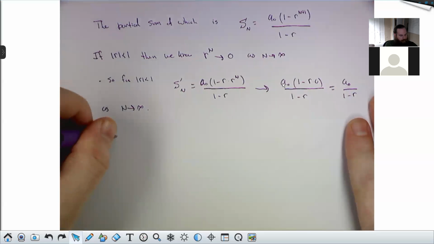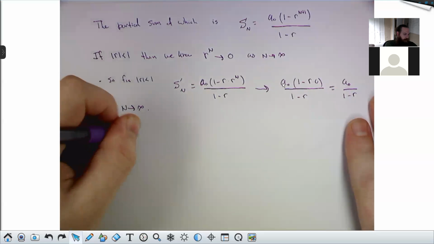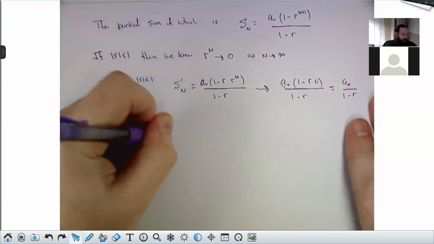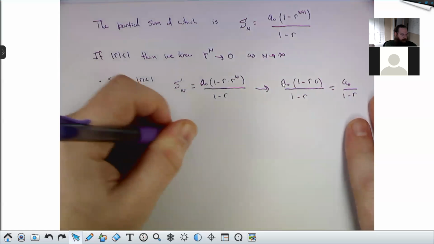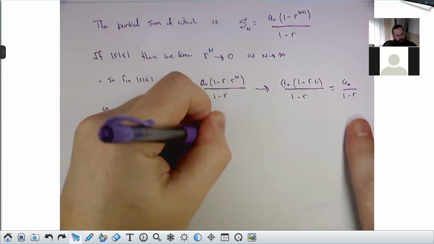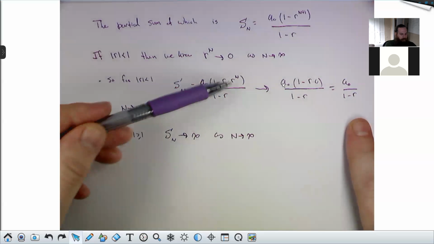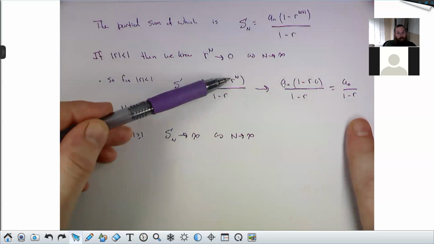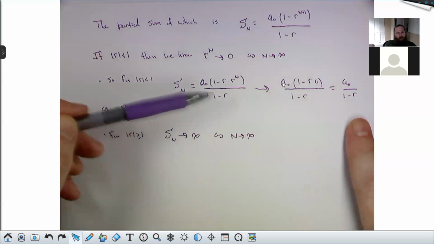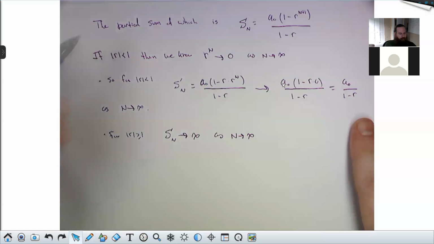Now, for absolute value of r greater than or equal to 1, Sn just goes to infinity as n goes to infinity, because this piece will just get big. So you get like 1 minus something huge over something normal. That's going to be something huge. The final result is this theorem.